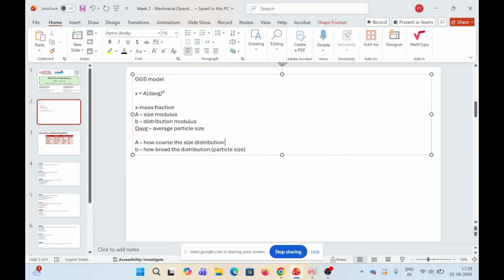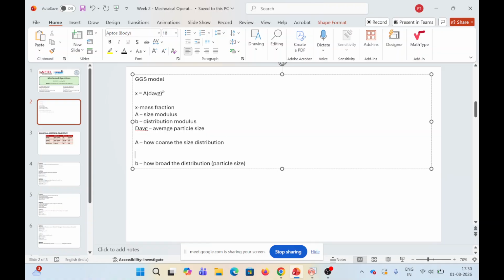So this is the significance of A and B. How coarse in the sense whether the entire distribution is going to be of fine grain size particles, or is it going to have some coarser material or particles present in it. So this is the significance of A and B: how broad the size distribution is and how coarse the size distribution is.